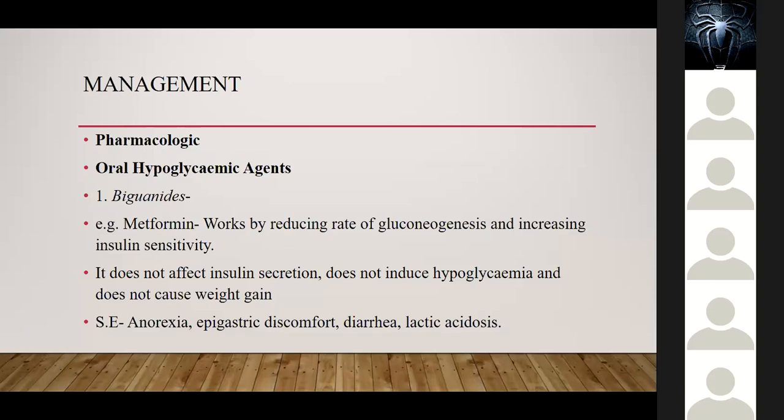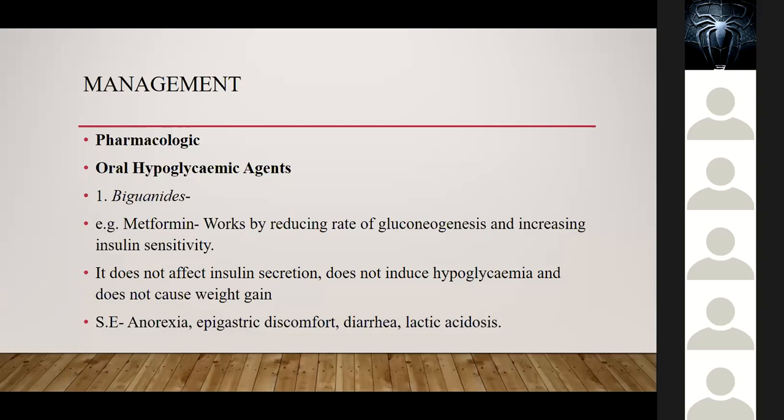Okay, so biguanides, for example metformin, work by increasing insulin sensitivity, and also reduce the rate of gluconeogenesis. Gluconeogenesis means that they are making glucose from new sources, and once you are making glucose from new sources and your body is insensitive to insulin, this glucose will not be able to go into the tissues, and hence you develop hyperglycemia.